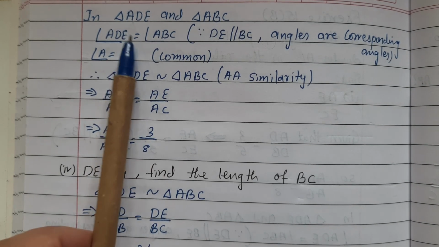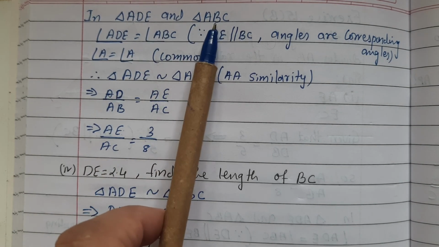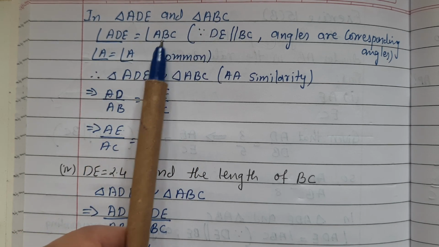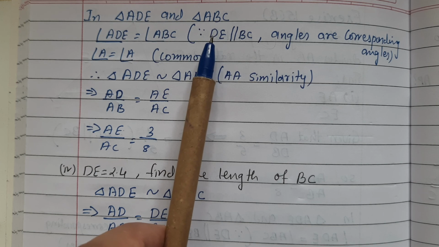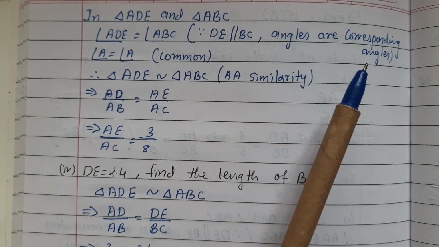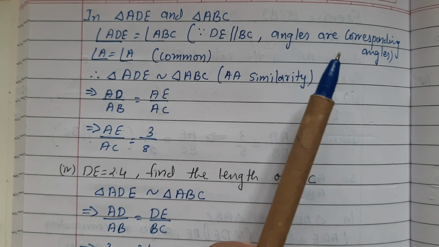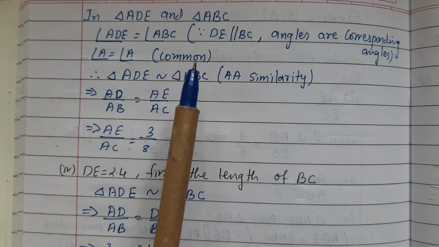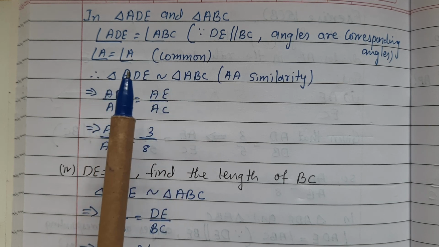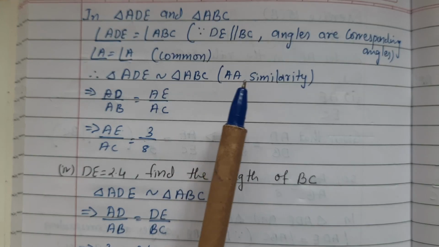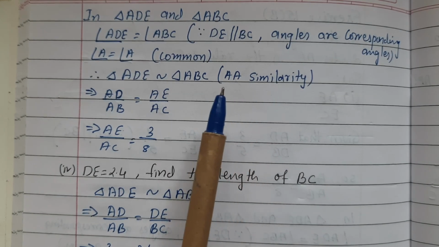In triangle ADE and triangle ABC, angle ADE is equal to angle ABC, since DE is parallel to BC, angles are corresponding angles. So corresponding angles are equal. Angle A is equal to angle A, common angle. Therefore, triangle ADE is similar to triangle ABC by AA similarity.